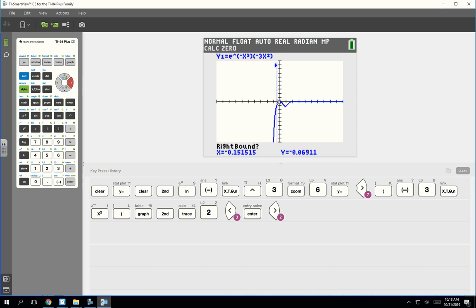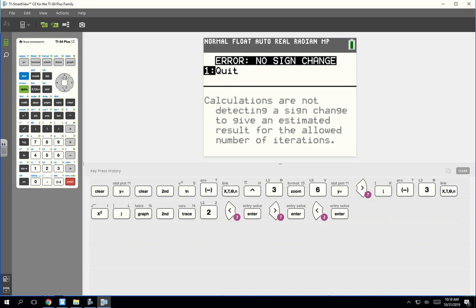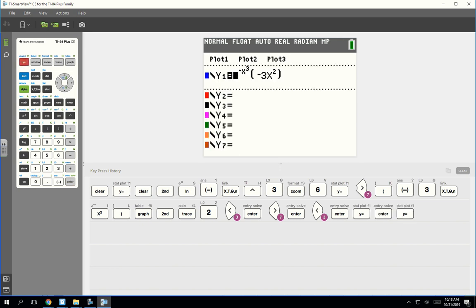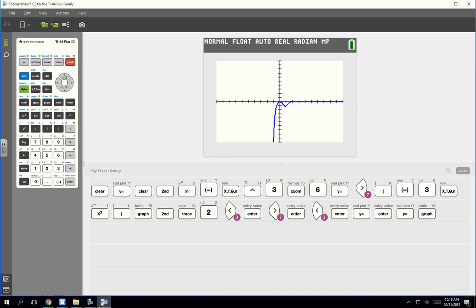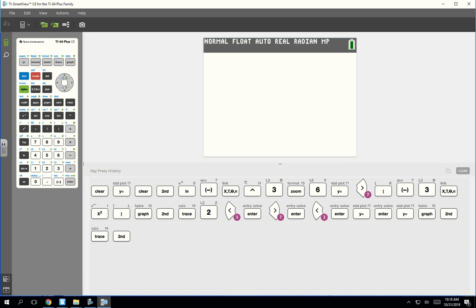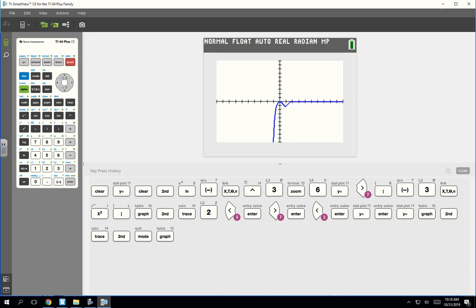Let's just see if your hunch is right. There's a right bound here, and then a guess, and it's going to give us x equal. Oh, didn't like that. So you go through the second calculate process, I'm not going to do that, but you go through it and you'll see that 0 is a solution.